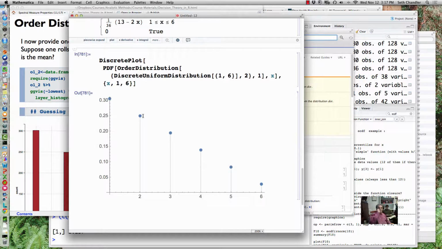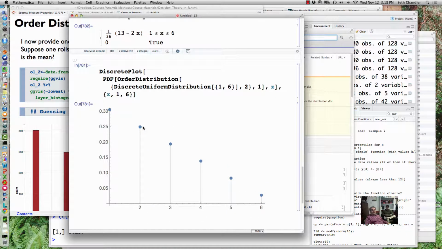And so what does this kind of look like? Where have we seen something that looks like a line before? Weighting function. Wasn't it when I did the PDF of the beta distribution where the first parameter was 1 and the second parameter was 2?